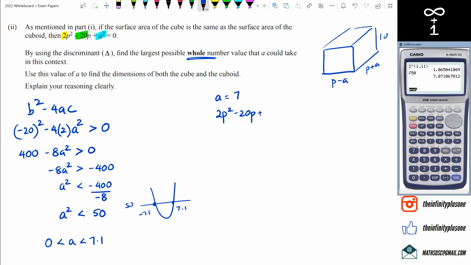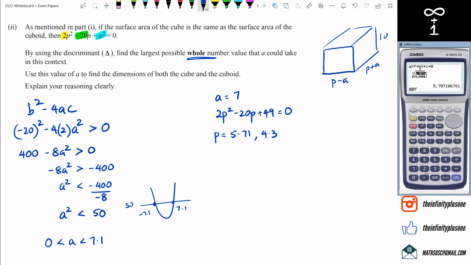Now, 7 squared is going to be 49, and we're going to put that equal to 0. Now, obviously, guys, I'm going to put this in the calculator to try and solve it. So polynomial degree 2, what have I got here? We've got 2, minus 20, and 49. And as you can see, my p values are actually 5.71, and my next one is 4.3.